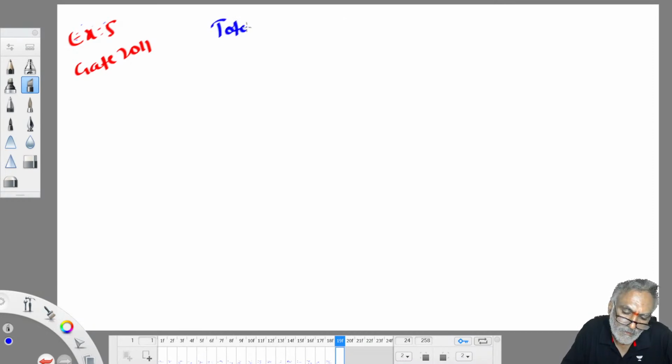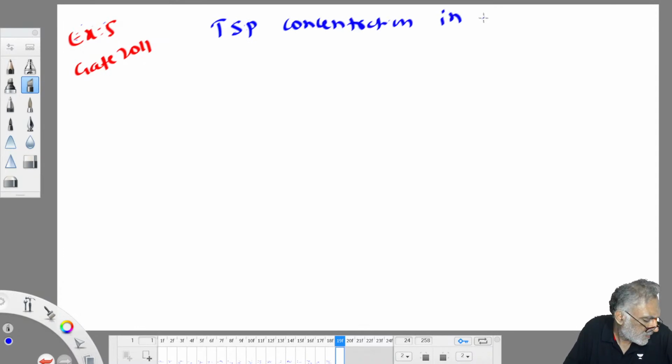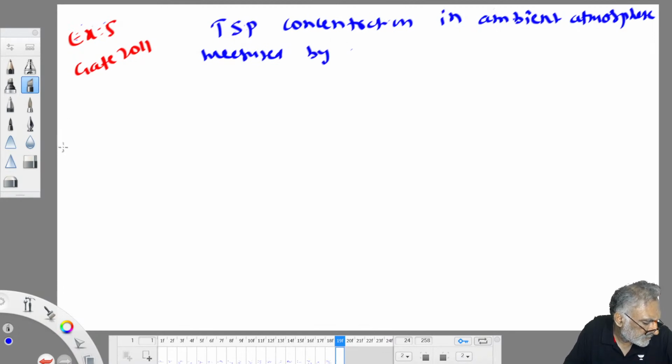Total suspended particulates, TSP, concentration in ambient atmosphere, or ambient air, is to be measured using a high volume air sampler.